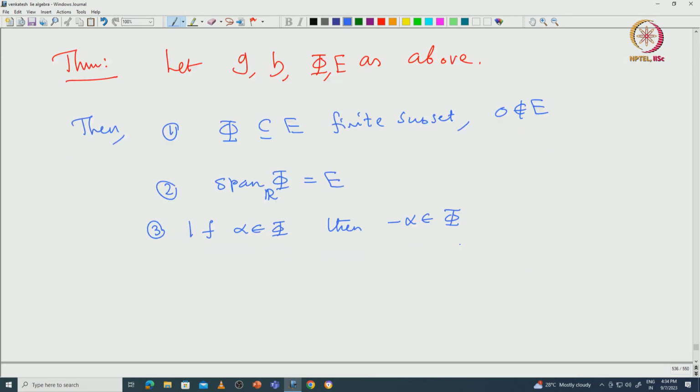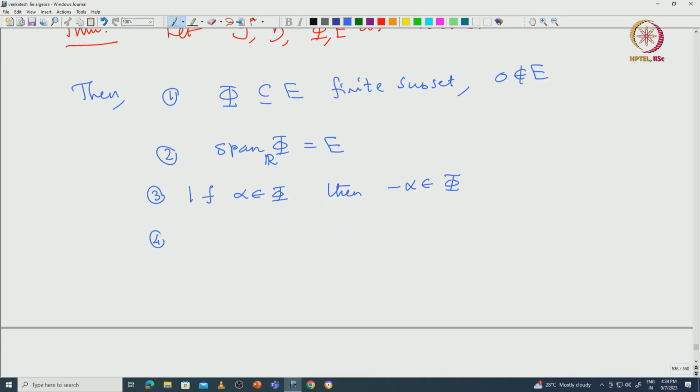This is something we proved. The fourth property: if alpha is in phi and c alpha is also in phi for some c non-zero, and now you can take it to be a real number, not a problem, then we proved that c must be plus or minus 1.